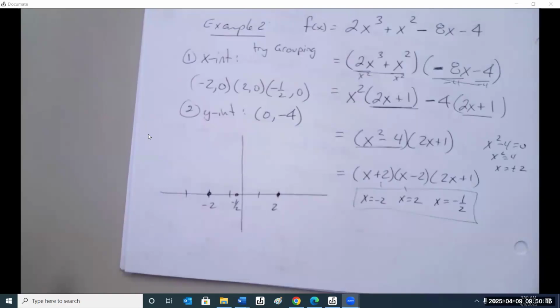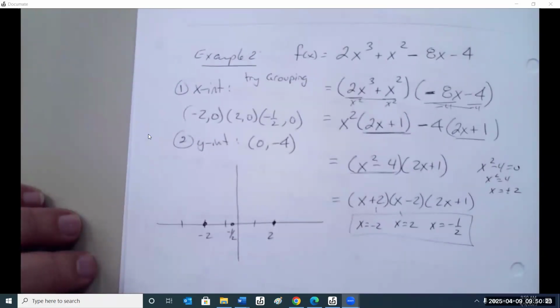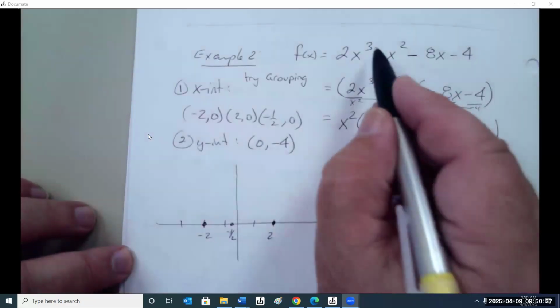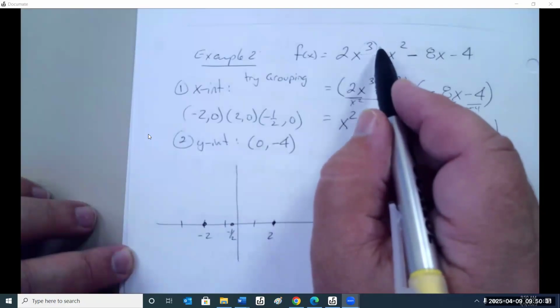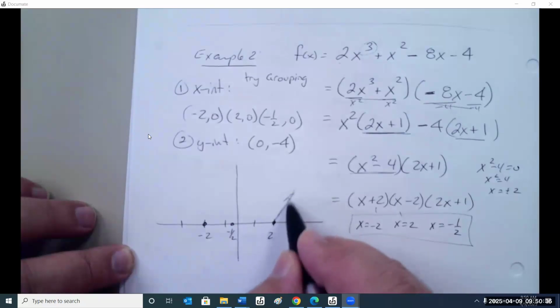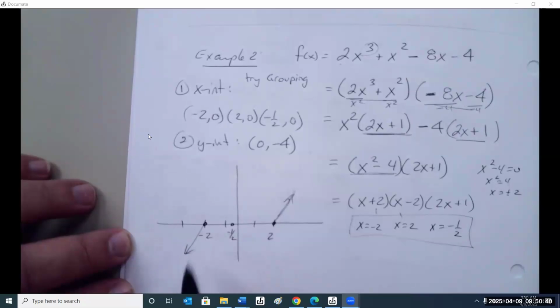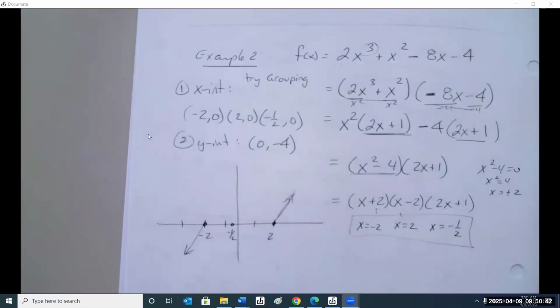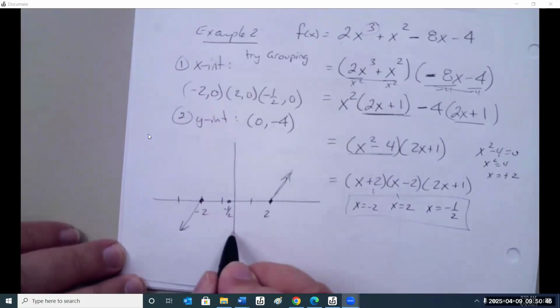So what's the end behavior going to tell us? Opposite directions, and the leading coefficient is positive. So at this end, it goes up, and this end, it goes down. Our y-intercept is at -4.